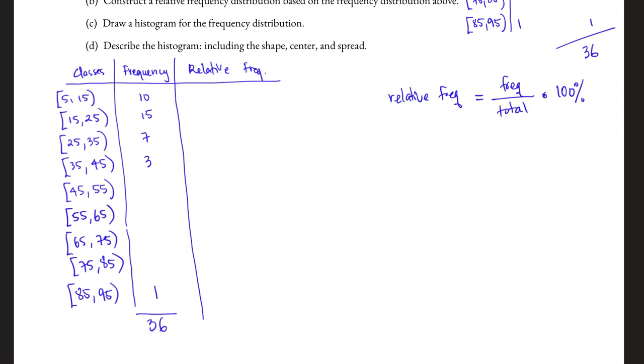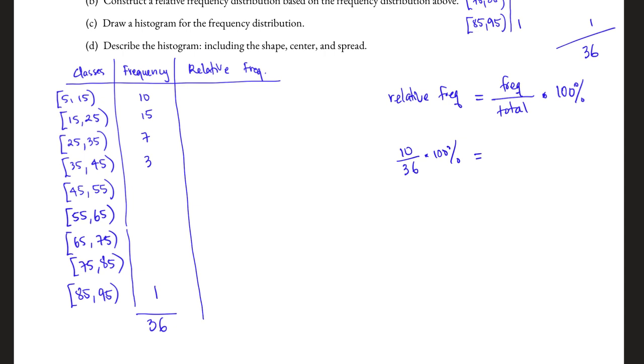For example, for the first class, the frequency, the count is 10, the sum is 36. We then multiply by 100%. 10 divided by 36 times 100% is 27.78%.